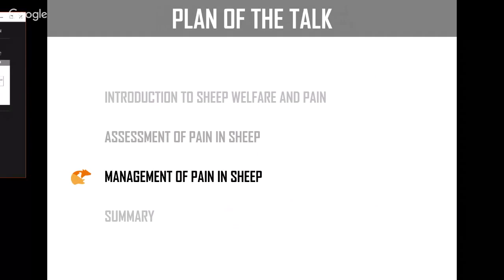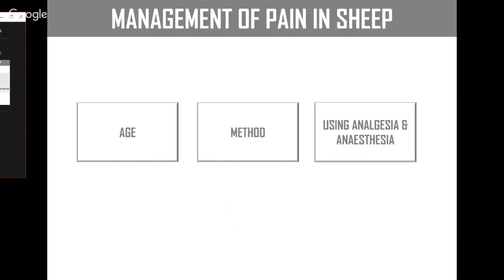So the objective now is to see which factors modify the severity of pain caused by tail docking and castration. And I will look at 3 different factors. These are age of the animals, method used to do the procedure, and then whether analgesia and local anesthesia are used.